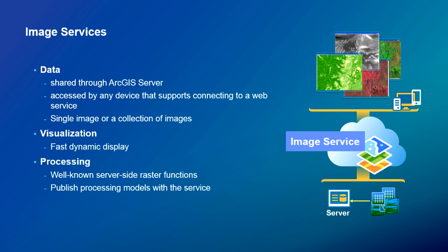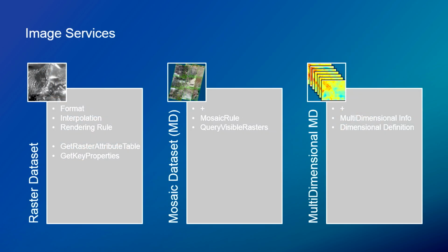And one of the cool things about that is if there is a very well-known workflow with your image service that is used all the time in terms of the on-the-fly processing, that processing template can be published with your image service and then be accessed in an easier manner by anyone using the service. So image services can be based on a single image or a collection of images.